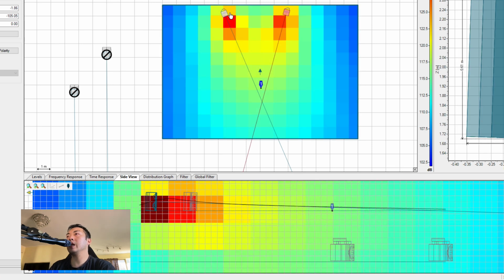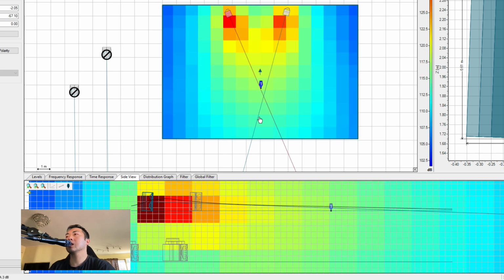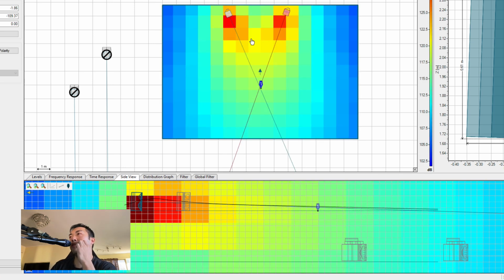What you get here is this really hot spot right in front of the speakers, and then it just sort of gets quiet. Now, guys, you might think that this is great for noise control, but most of the time, remember that there are people in the audience sitting around the room and they really don't get to hear anything.